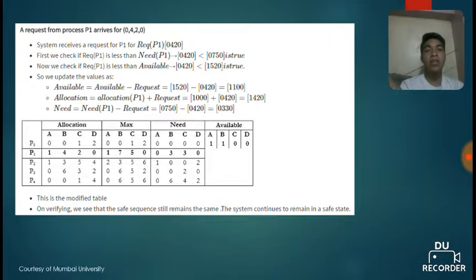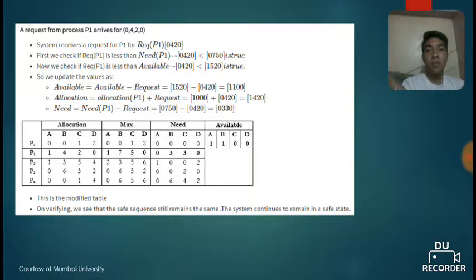In the allocation, allocation of process 1 plus request is 1000 plus 0420, which equals 1420. In the need, need of P1 minus request is 0750 minus 0420, which is equal to 0330.